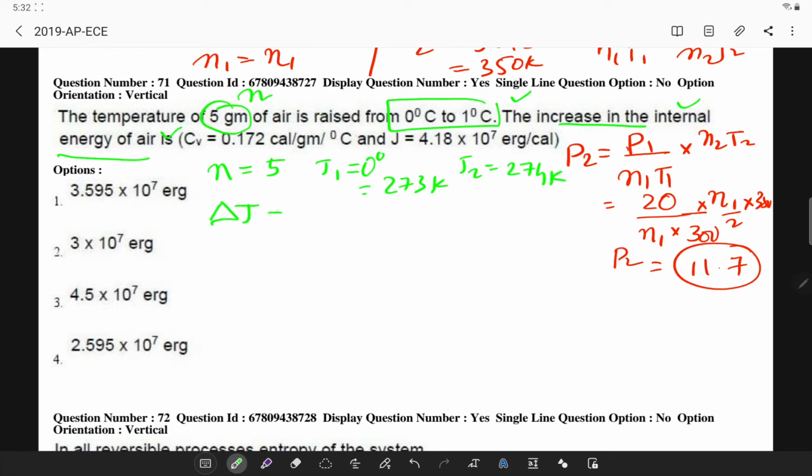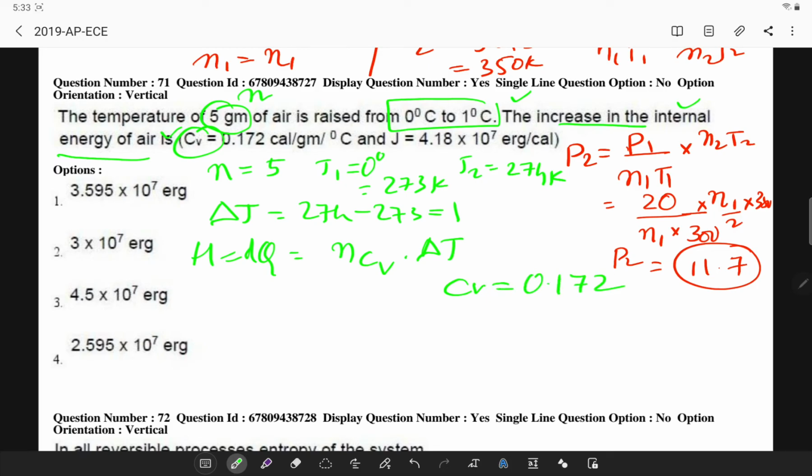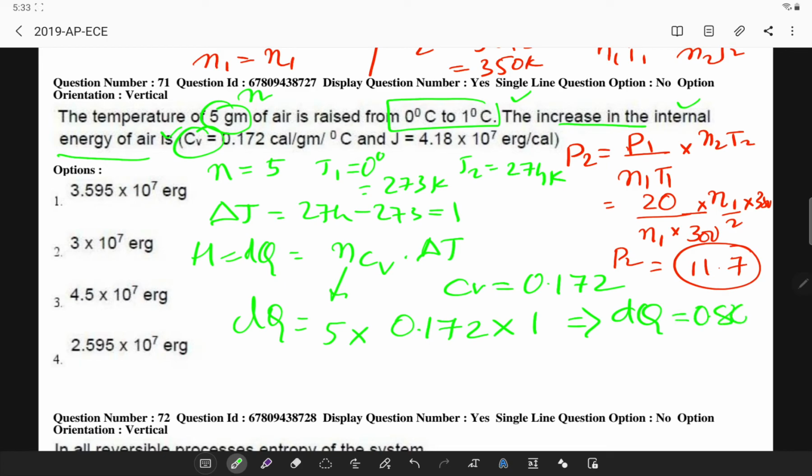So delta T is 274 minus 273, which is 1. So heat has a formula, dQ is N into Cv into delta T. Here if you observe, Cv value is given as 0.172. So if I substitute it, dQ will be N is 5 into 0.172 into delta T, which is 1. So I am left with dQ is 0.86.